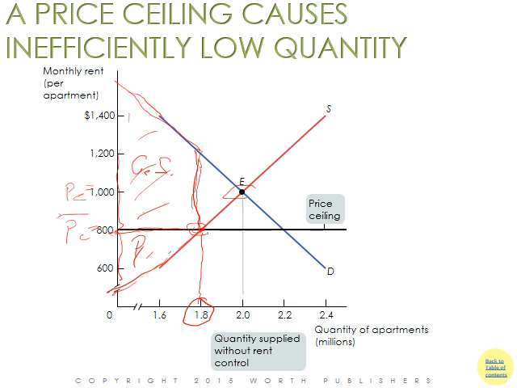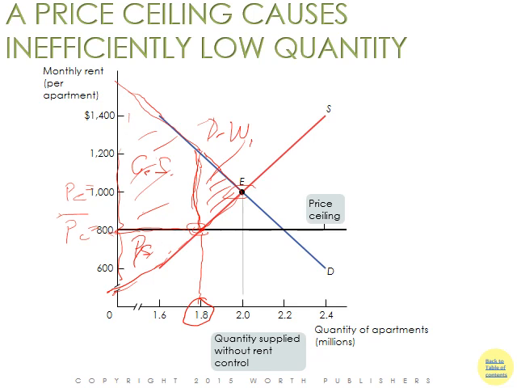So we can see that in this example, consumer surplus went way up, basically because consumers were paying a lot less for their apartments. Producer surplus went down because landlords weren't able to rent the apartments for as much. And there is this dead weight loss. So the dead weight loss is basically the loss in consumer plus producer surplus that results from this price ceiling.